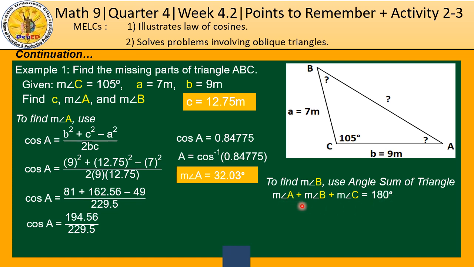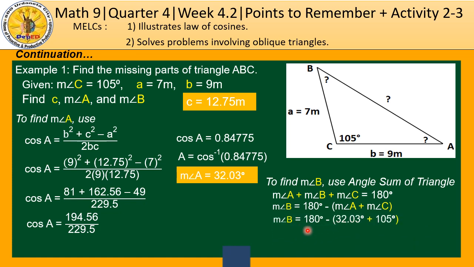Measure of angle A plus measure of angle B plus the measure of angle C is equal to 180 degrees. Or just add the 2 angles A and C, then subtract from 180 degrees. Let us plug in the values.